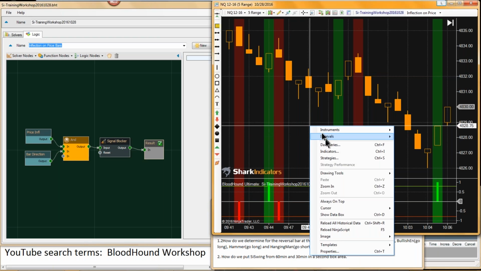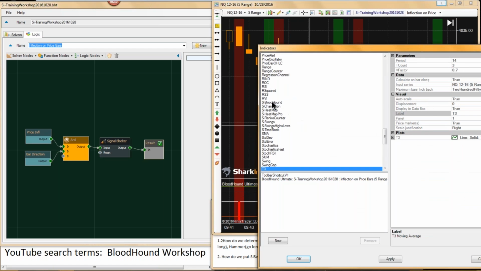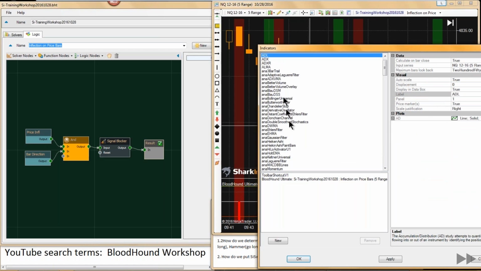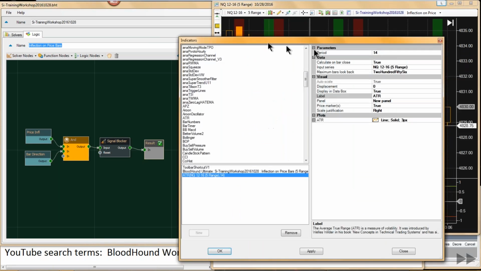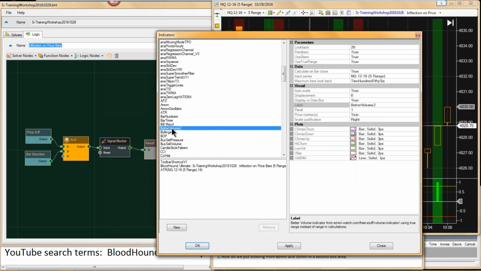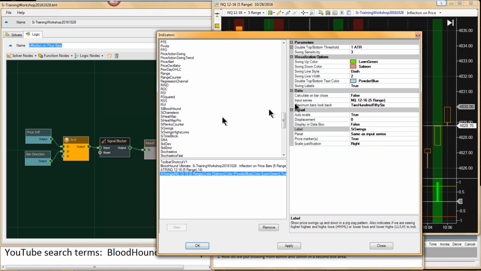So let's get the ATR on there, and let's get the swings on there. Okay, sensitivity of 7. And here's our ATRs.